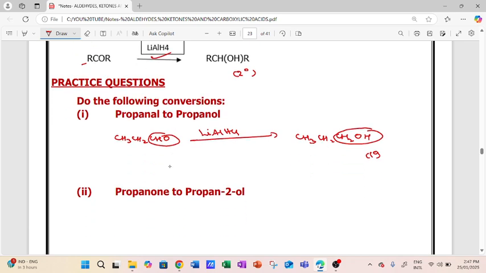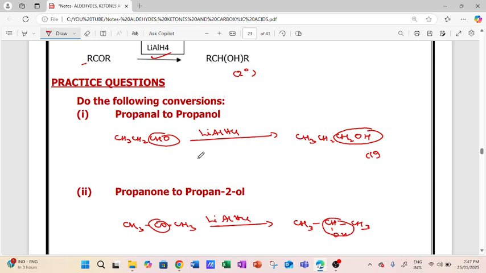Similarly, propanone means a ketone having CO in the second position. We know that a ketone never comes in the terminal position. Propan-2-ol is CH3CHOHCH3. Here CO is a ketone and this is a secondary alcohol, so the reducing agent is lithium aluminum hydride.